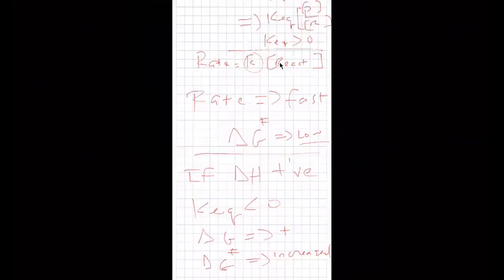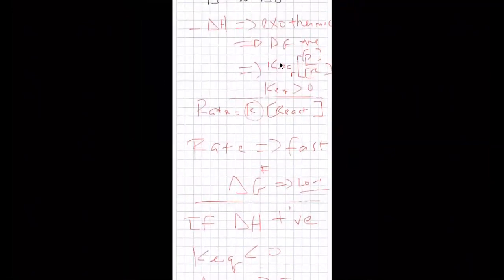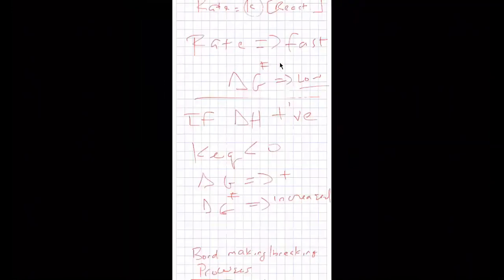The rate slows down, and we say that the reaction is endothermic. So if delta H is positive, then it's endothermic. Means that it absorbs energy instead of giving off energy. Exothermic reactions release energy, endothermic reactions absorb energy.